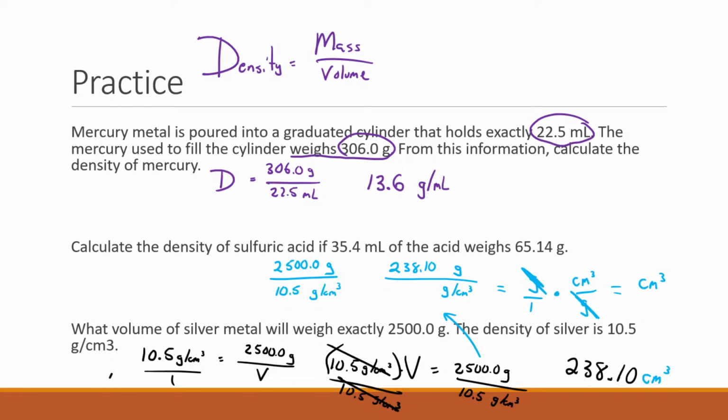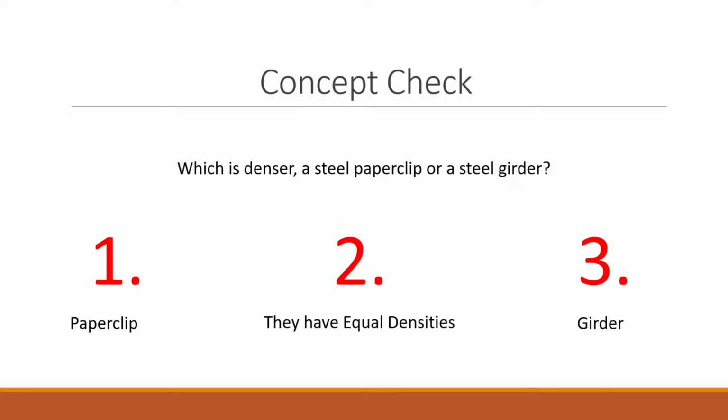To wrap us up for today, I've got one more practice problem. Which of the following is more dense? A steel paperclip or a steel girder?